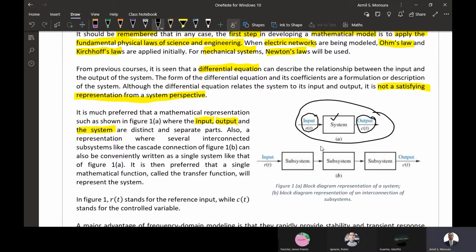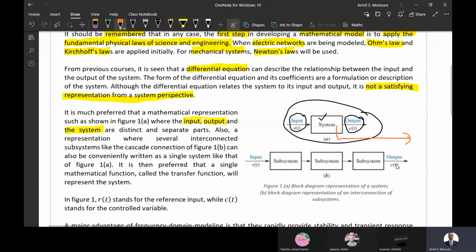Okay? So that is why we will actually abandon the use of differential equations, at least in this course. Okay? Although we will show the relationship of the differential equation to the transfer function. Okay? So actually that is what we achieve when we use the transfer function as a way to specify our system.